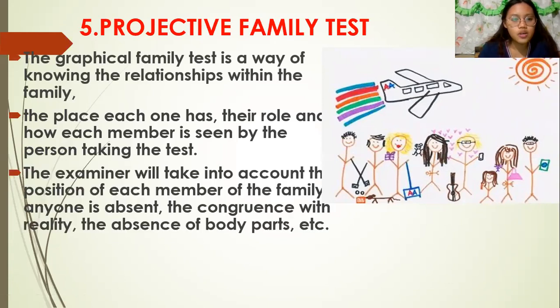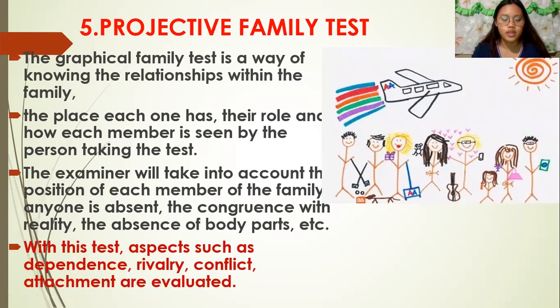Ano po, the examiner will take into account the position of each member of the family, anyone who is absent, or are there missing body parts. And so with these tests, aspects such as rivalry, conflict, or jealousy are being evaluated.